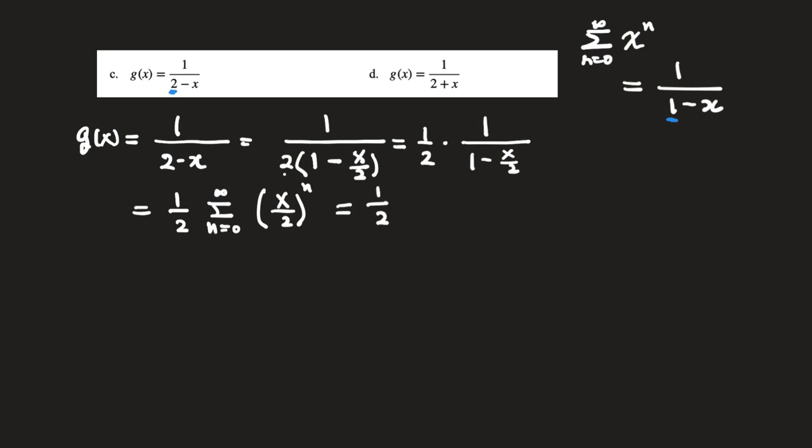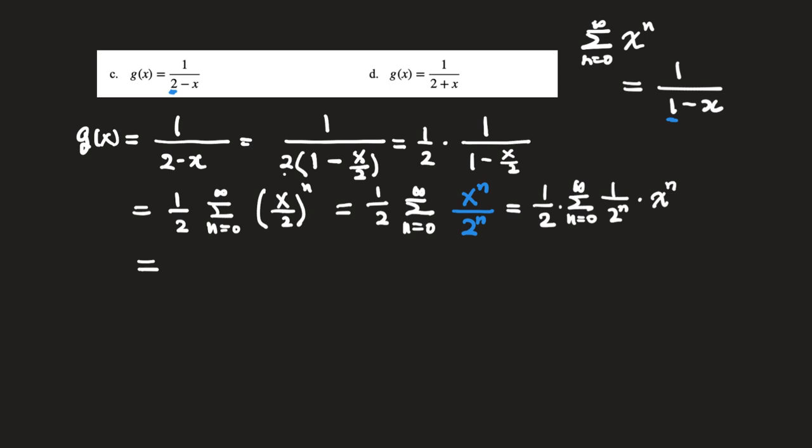So we're going to simplify it again very carefully, guys. Look at this. First is 1 over 2 times summation n equals 0 to infinity x to the n. Here is x to the n, here is 2 to the n. Guys, make sense? One more time, let's simplify. 1 over 2 times summation n equals 0 to infinity 1 over 2 to the n times x to the n.